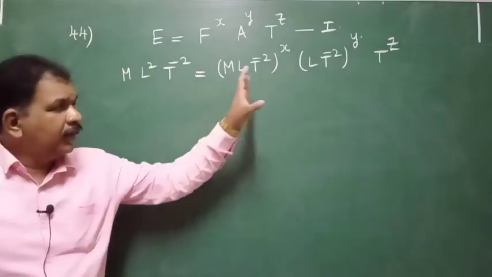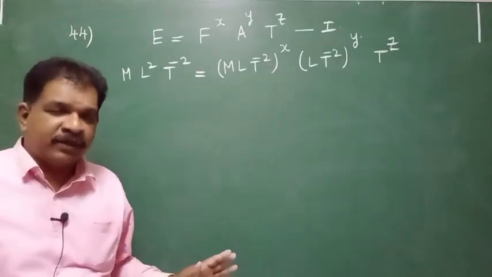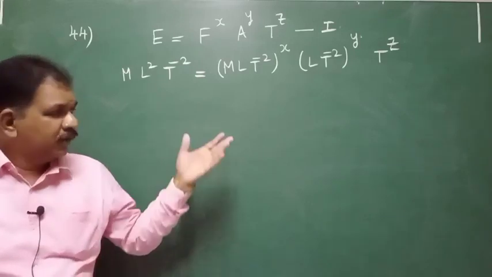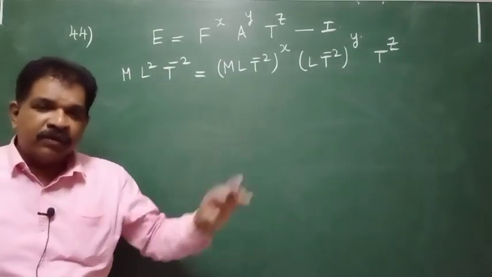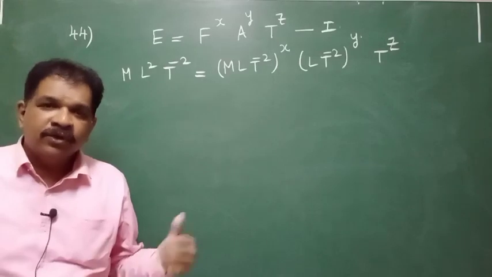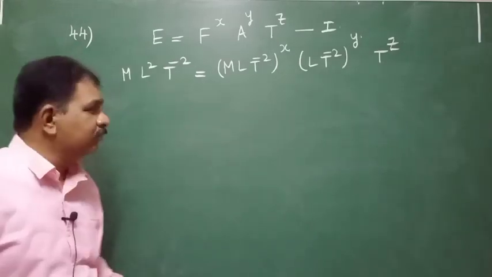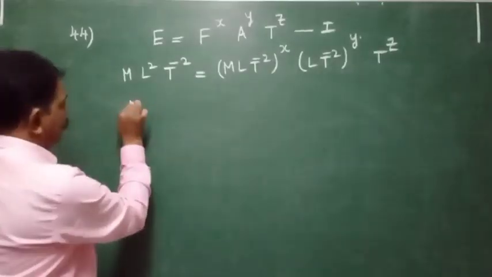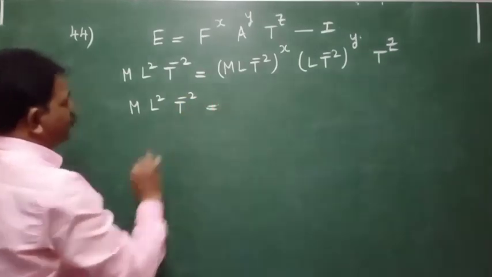In this manner, we are writing the dimensional formulas on both sides. Later, write all M powers at one place, L powers at one place, and T powers at one place. Then equate on both sides. You will get equations. By solving them, you will get the values of x, y and z. So what to do? M L square T power minus 2 here.